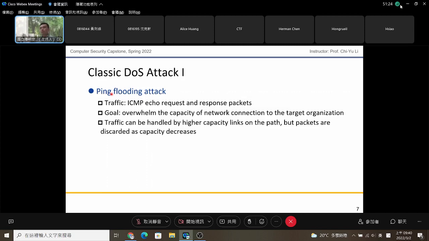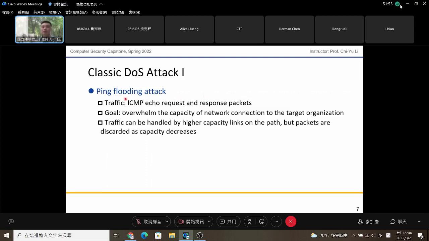I think most of you may be familiar with ping, because usually when we want to know whether one machine can be accessed or not, we will use ping to see whether the target machine will reply to this ping or not, to identify whether this machine is still online. Ping relies on the ICMP echo request and the response packet.